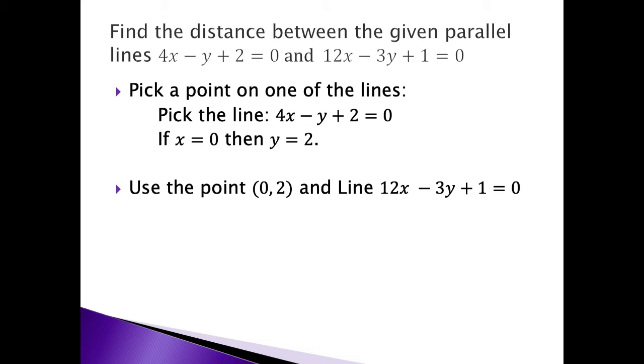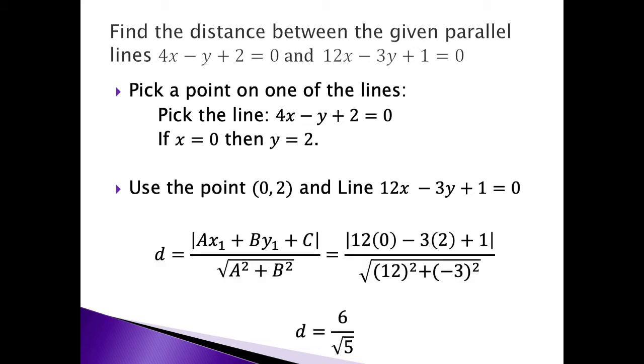Now, I'm going to use the point 0, 2 and the line 12x minus 3y plus 1 equals 0 to find the distance between the point and the line. Because this point lies on one parallel line and the other line is the other parallel line, this will tell me the distance between the two parallel lines.